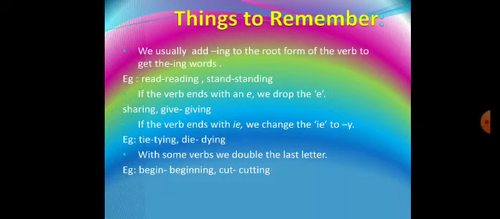Now if the verb ends with ie, we change the ie to y. For example, tie, and to make it in present continuous tense, we make it tying. We have removed ie and added y in place of ie. Die becomes dying. With some verbs, we just double the last letter. For example, begin, beginning, cut, cutting.